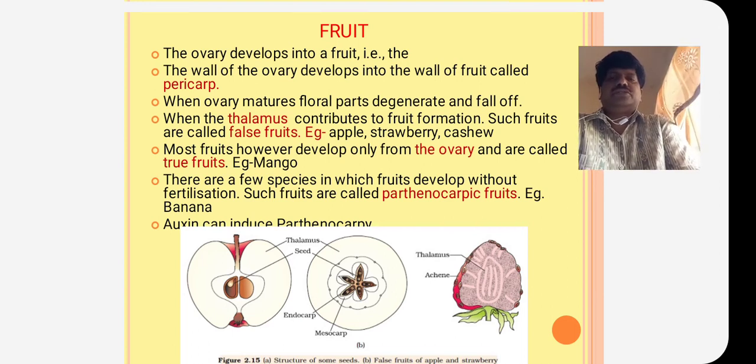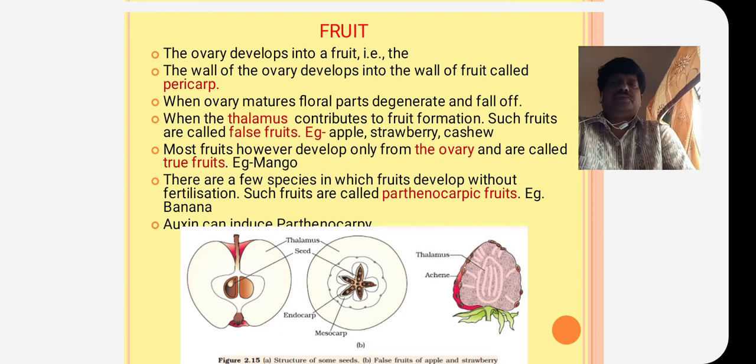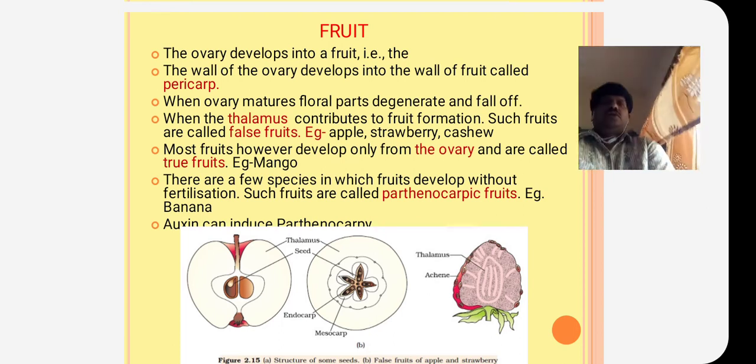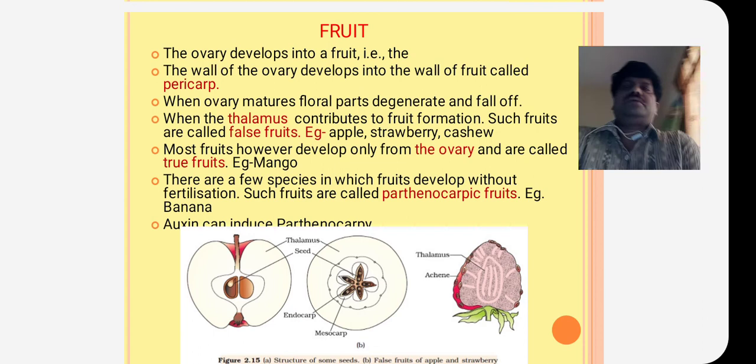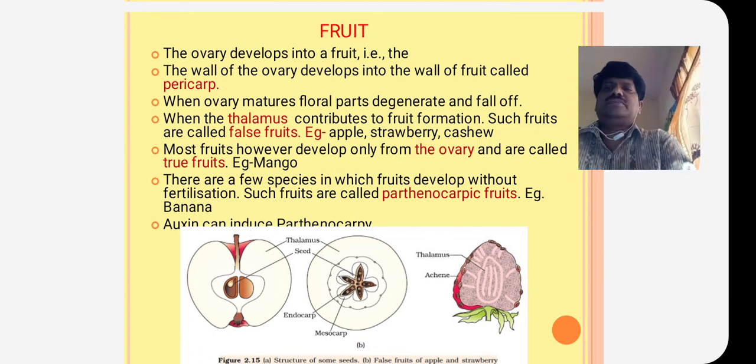In the case of orange also some varieties you can find without any seeds. So such fruits without any seeds are generally the parthenocarpic fruits. And with the help of hormone spray also we can obtain parthenocarpic fruits, and the hormone is the auxin, it can induce parthenocarpy.